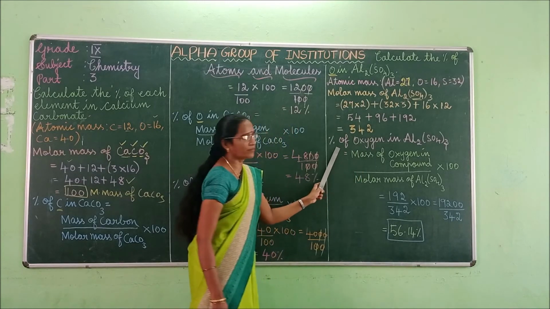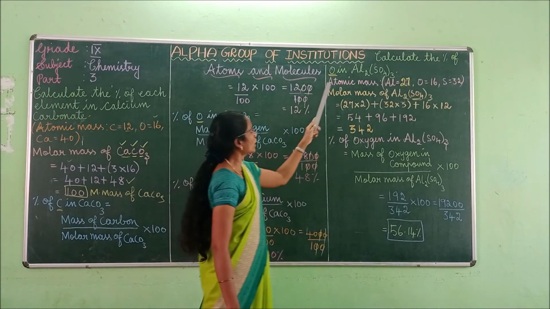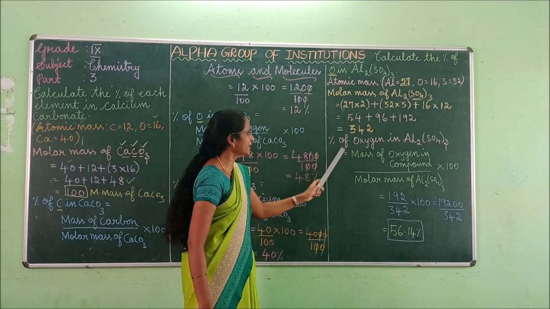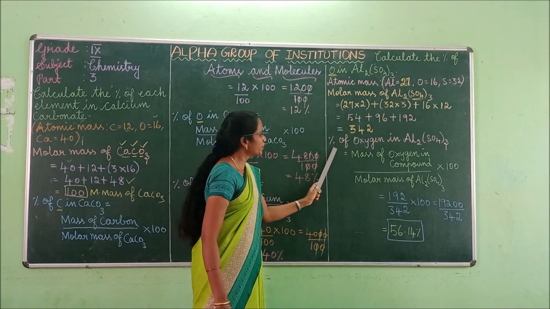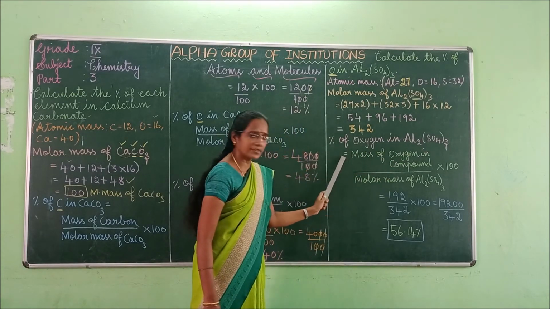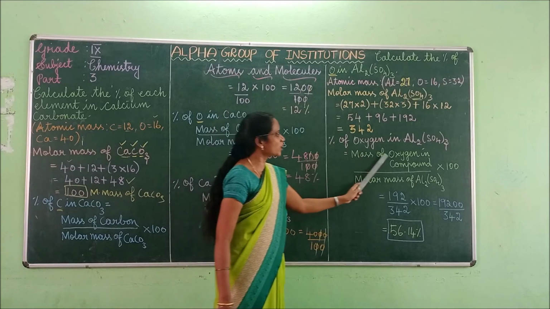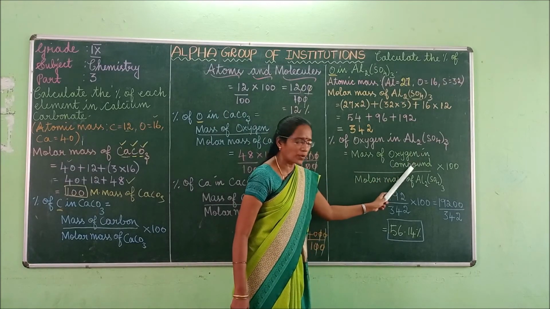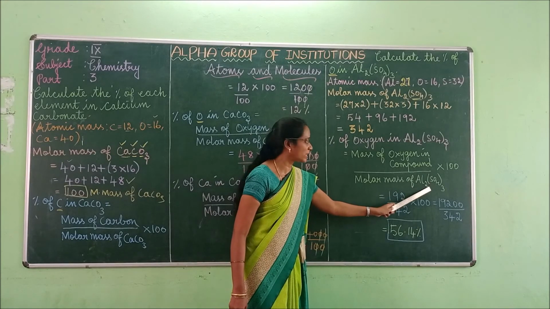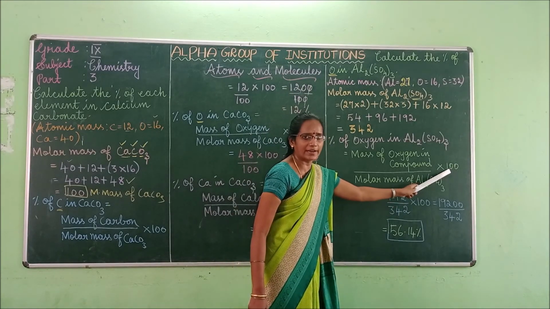So next, what is asked in the question? You have to find the percentage of oxygen in Al2(SO4)3, isn't it? So, percentage of oxygen in Al2(SO4)3 is equal to mass of oxygen in the compound divided by molar mass of Al2(SO4)3, into 100.